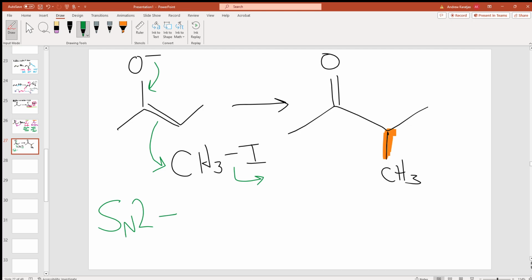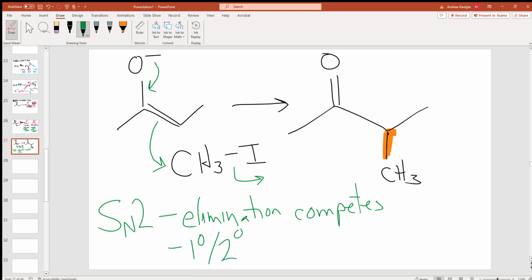And that's especially true when looking at the electrophile. Elimination does still compete here, so you need to pay attention to that with the electrophiles that you use. And since this is an SN2, basically limited to primary and some secondary leaving groups.